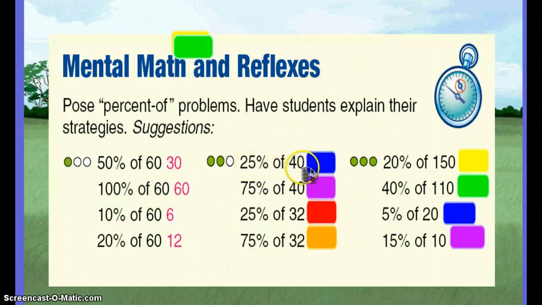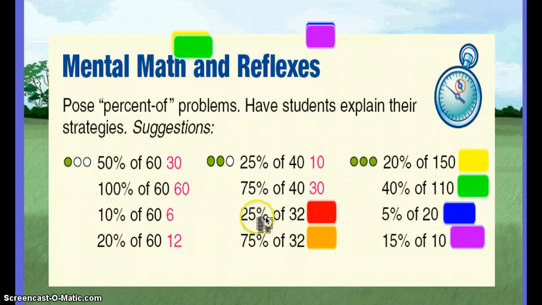25% of 40, that means a fourth of 40. So what number can I add 4 times to get 40? Well, the number 10. 75% of 40. Well, 75 is 3 of 25s, so 75% of 40 would be 10 times 3, which is 30. 25% of 32, that's a fourth of 32.